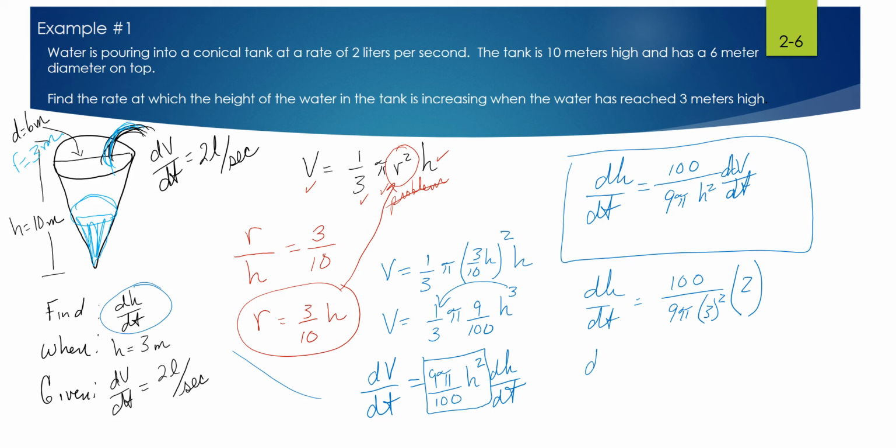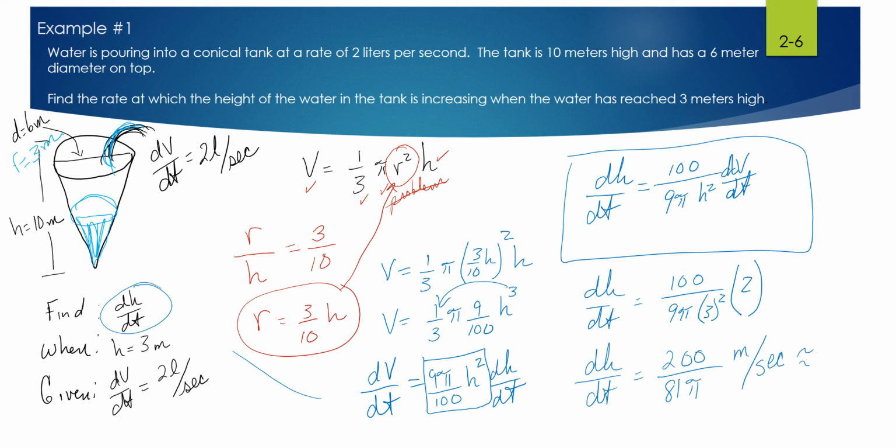I'm measuring in meters per second. So when I simplify this, I get 200 over 81 pi, and I put it in meters per second.